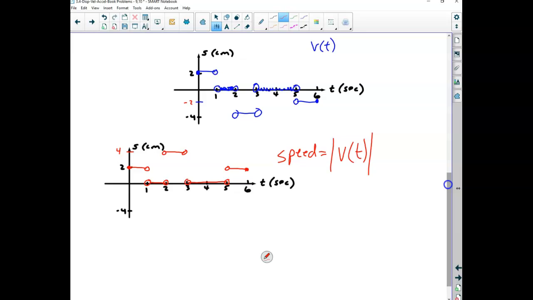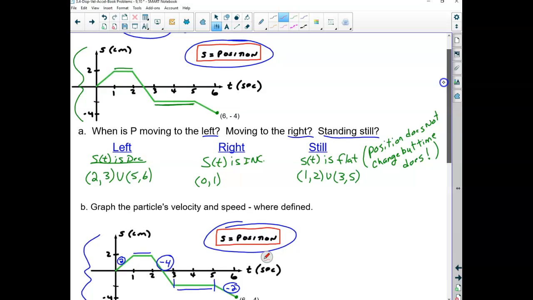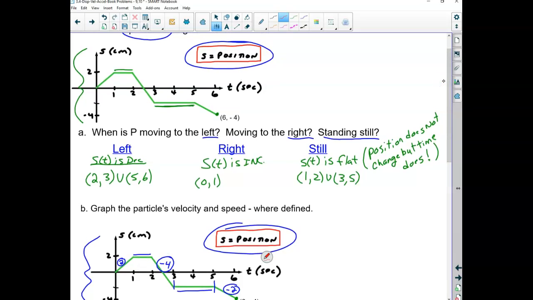Now that sums it up with graph reading. That's just a couple of problems to read graphs from a given position. When am I moving left, right, standing still? Notice we didn't ask about increasing and decreasing from my position because these are linear graphs. All these graphs are made up of lines, none of them are curves.